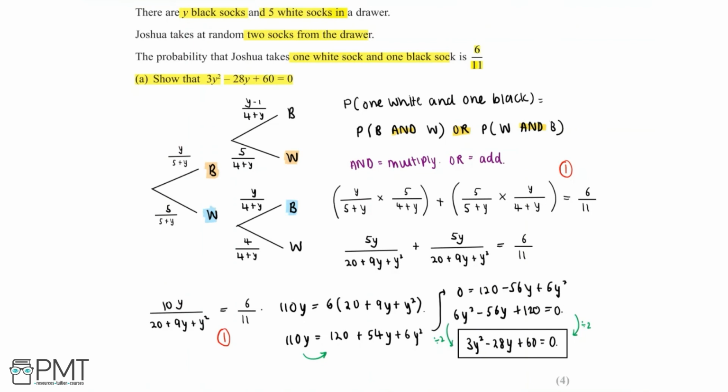We get the third mark for cross multiplying and for ending up with 110y is equal to 120 plus 54y plus 6y squared. And finally, we get the fourth mark for rearranging and simplifying in order to get a final answer of 3y squared minus 28y plus 60 is equal to 0.